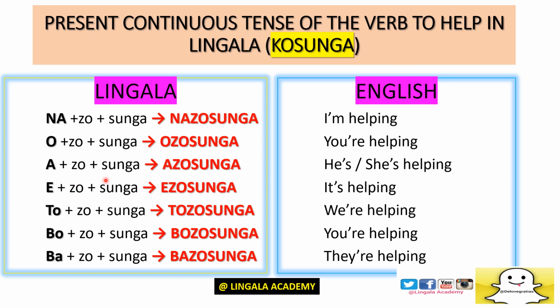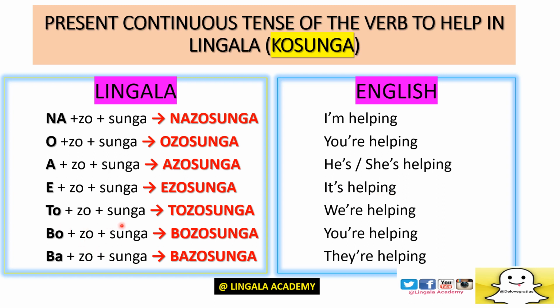Azo sunga. A means she or he. Azo sunga means he's or she's helping. Ezo sunga means it's helping.